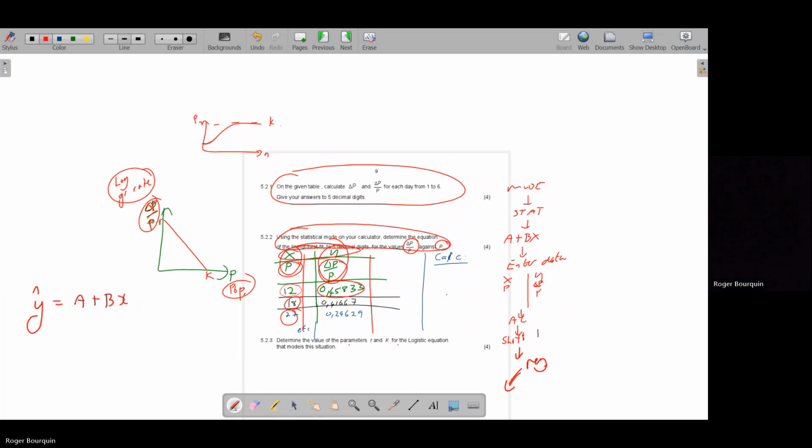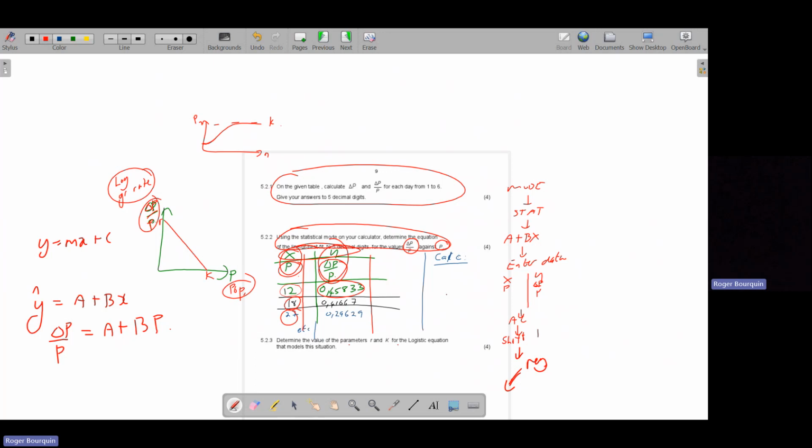If you think of it as y is equal to mx plus c, the y values are delta P over P, and your x values are P. So delta P over P is going to be a plus bP. You want to write it in that format.